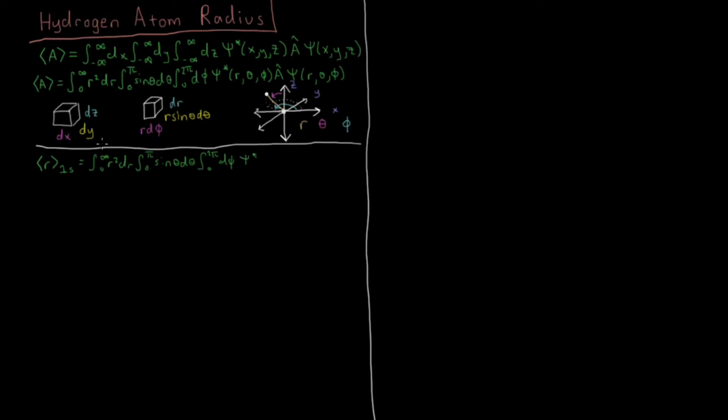Psi star, the 1s orbital is psi 100. The operator for r is just multiplying by r times psi 100.